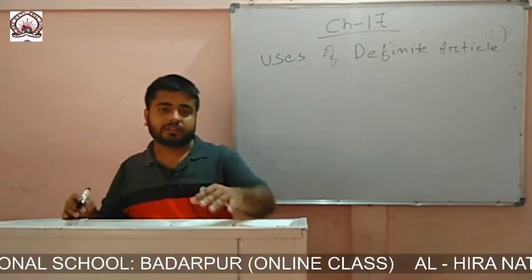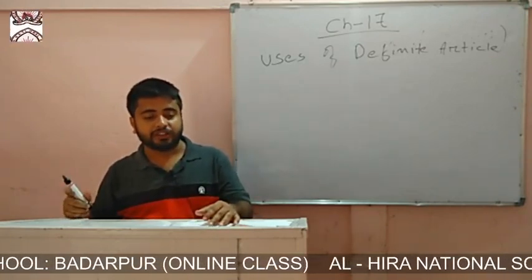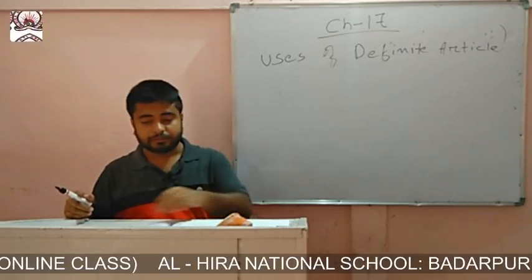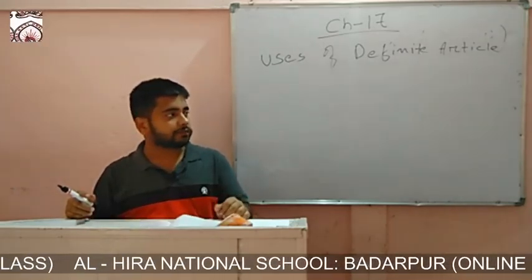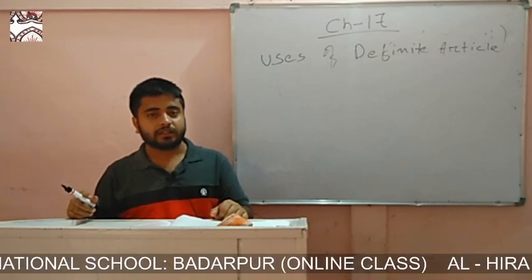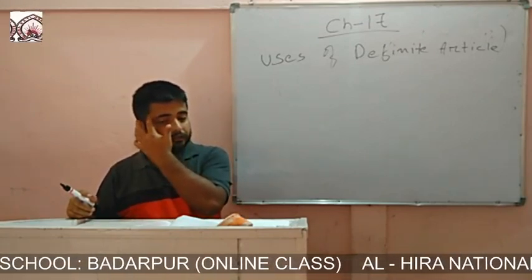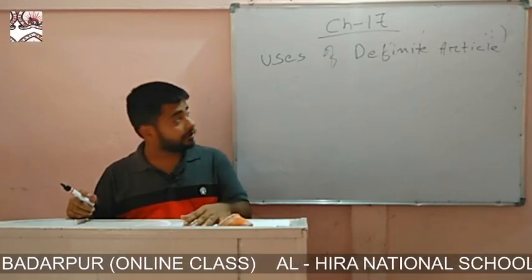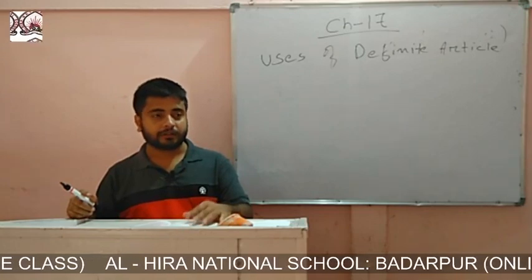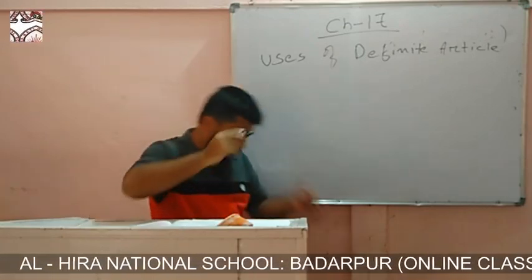Another case is there where we will use the. I have already explained 8 to 9 cases. Now I will explain another case. That means we will use the before the adjective of superlative degree.